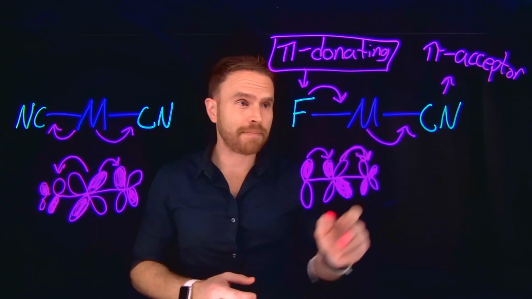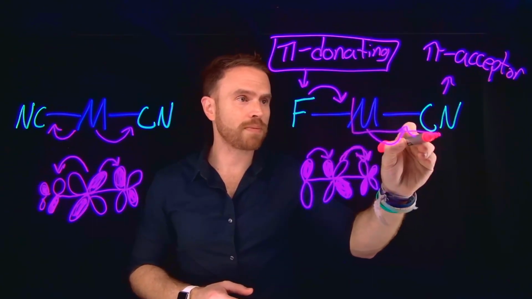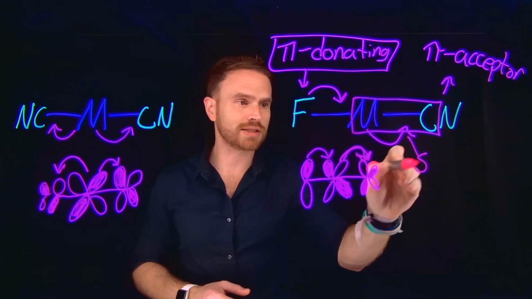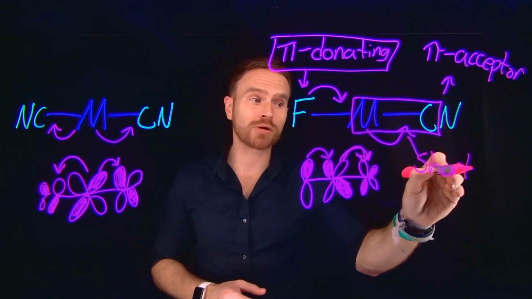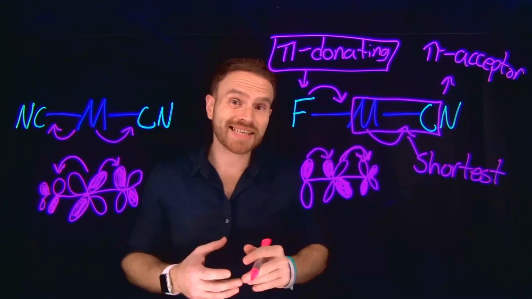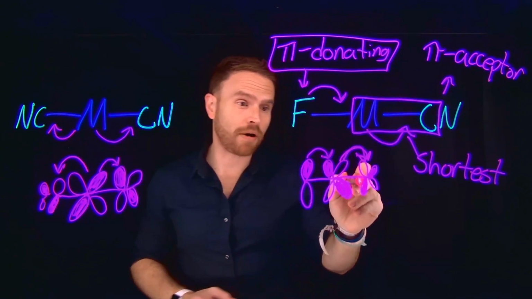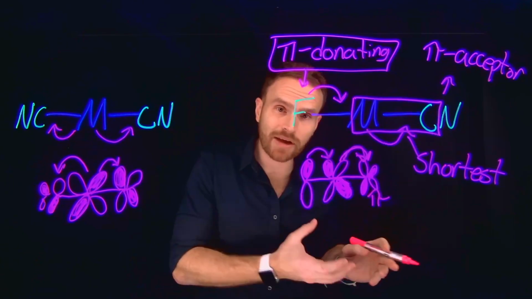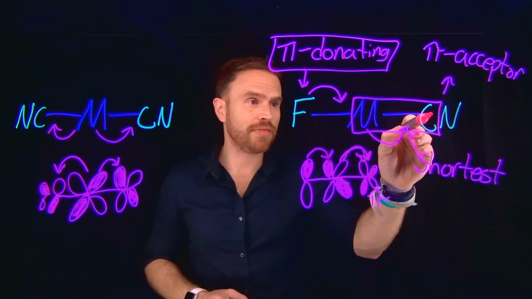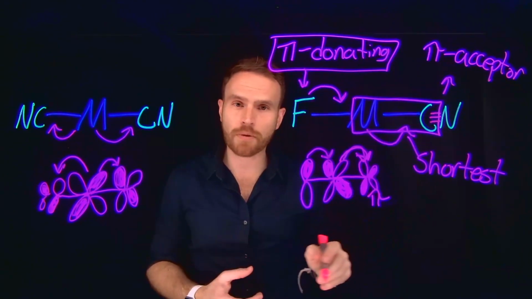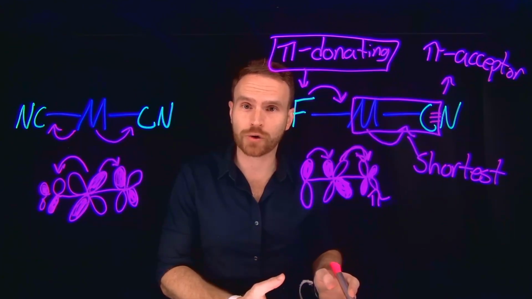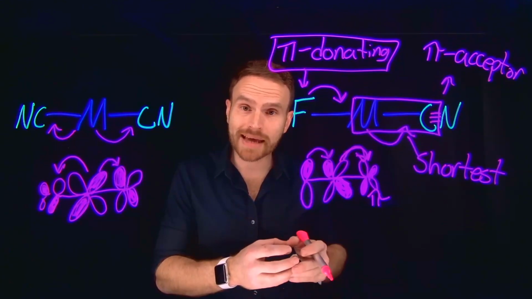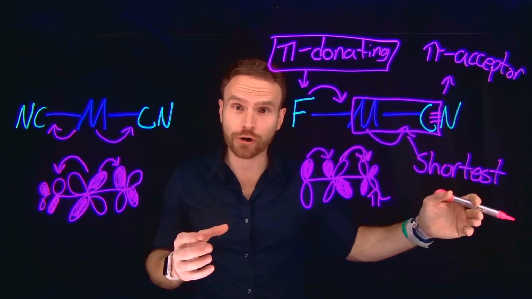And overall what that means is that this metal to carbon bond is going to be the shortest because it can participate in the most pi back bonding. And since it can participate in the most pi back bonding, and this is a pi star orbital, since it is receiving more electrons, that's going to make this carbon to nitrogen triple bond weaker by reducing the bond order. And in turn, what that's going to do is make that carbon to nitrogen bond longer because it's now a weaker bond.